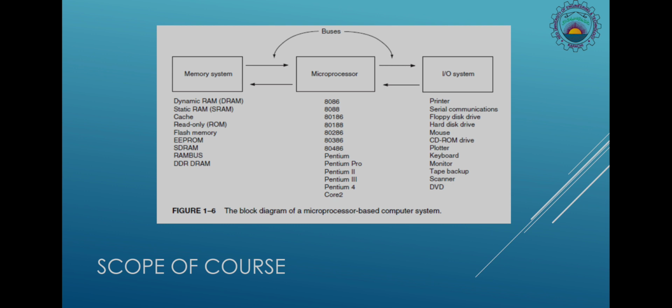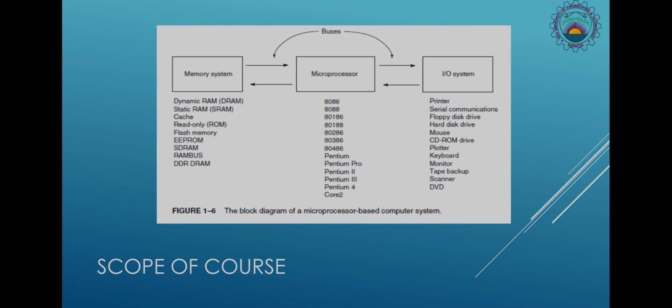Or you may have one of these listed microprocessors, 8086, 8088 till Core 2 processors. So our scope is to cover 8086 and 8088 during this course. So we will be focusing on these two microprocessors, 8088 and 8086.